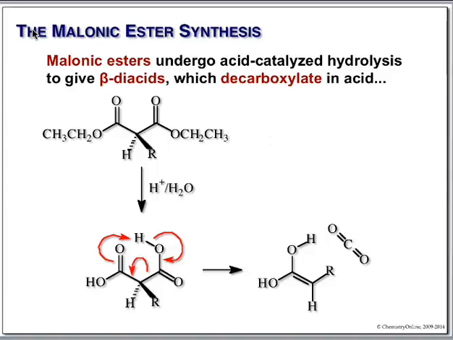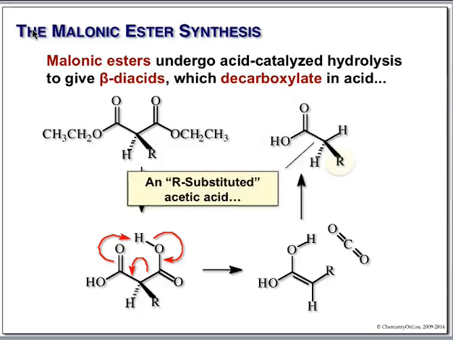Now, we have an enol here, don't we? That's not going to stick around, not happy. It's going to convert back to the carbonyl. When it comes back to a carbonyl, what's it going to form? These electrons move in, they move out, and we get a substituted acetic acid.